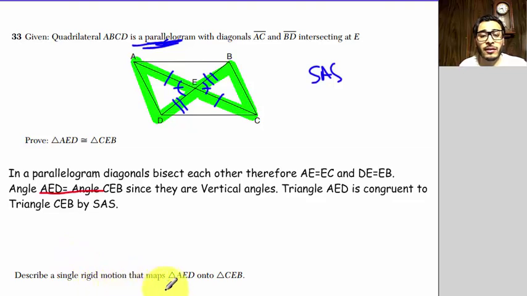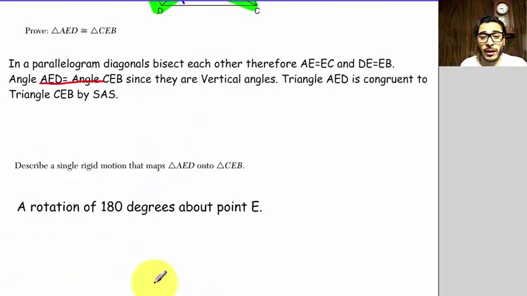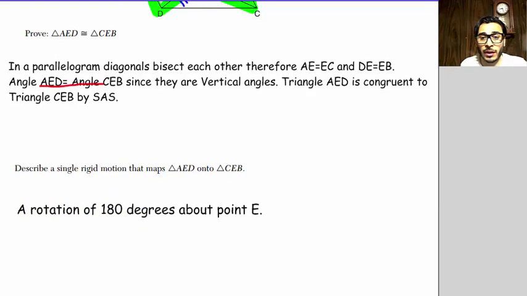All right, lastly, it says describe a rigid motion that maps triangle AED onto triangle CEB. One thing you could have said is a rotation of 180 degrees about point E. That would have perfectly mapped triangle AED onto CEB.